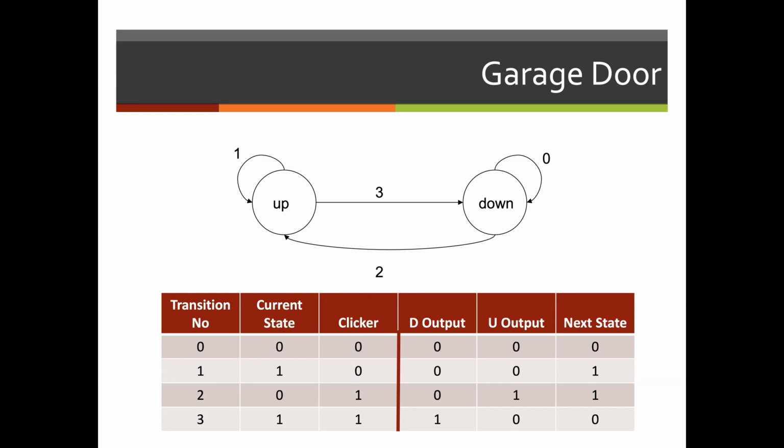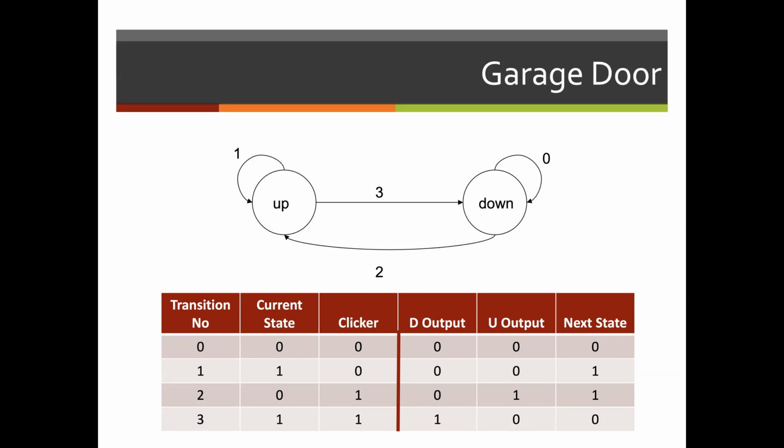In a down state, we can assume that the garage door is down or closed. The transitions between the two states represent the garage moving from being open to being closed, or from up to down, and then also from down back to being open or up.